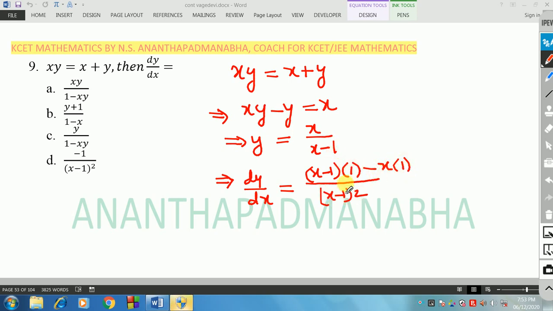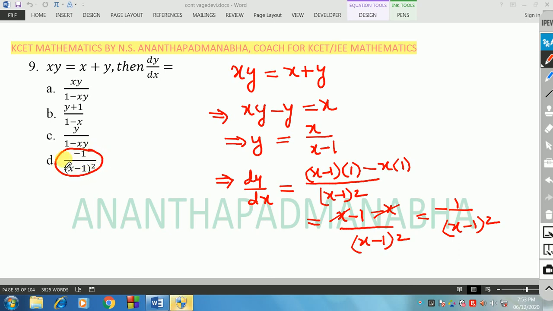So we get x minus 1 minus x by x minus 1 whole square. The x cancels, we get minus 1 by x minus 1 whole square, which is option D. So option D is the right answer for this question.